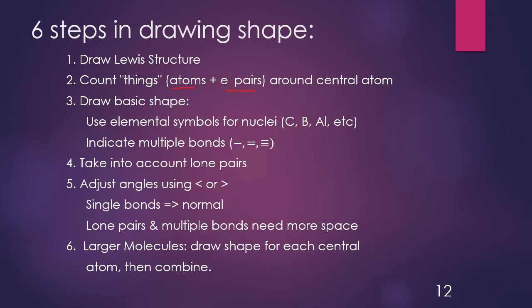Next, you can draw the basic shape and indicate if there's any multiple bonds. Of course, you want to take into account lone pairs, and we'll adjust angles if and when we need to. For larger molecules, it's often easier to draw the shape for the central atom and then combine, because in larger molecules, there's more than one central atom. So you would have to figure out the configuration around each and then combine it all together.